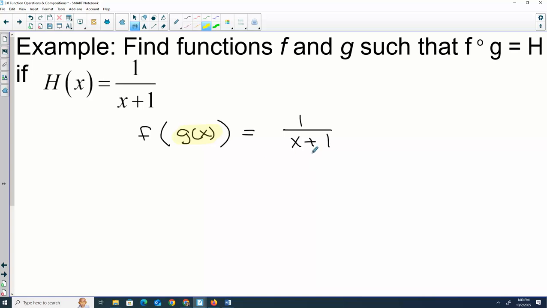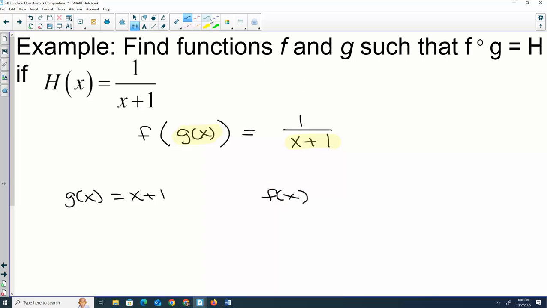Okay, I don't have parentheses, so inside might be a little harder to think about, but if you were going to plug in a number for x, what would you do first? If I said x is 3, what would you do first? 3 plus 1, right? So my inside is like the bottom of that fraction. So I could say, okay, function g is x plus 1.